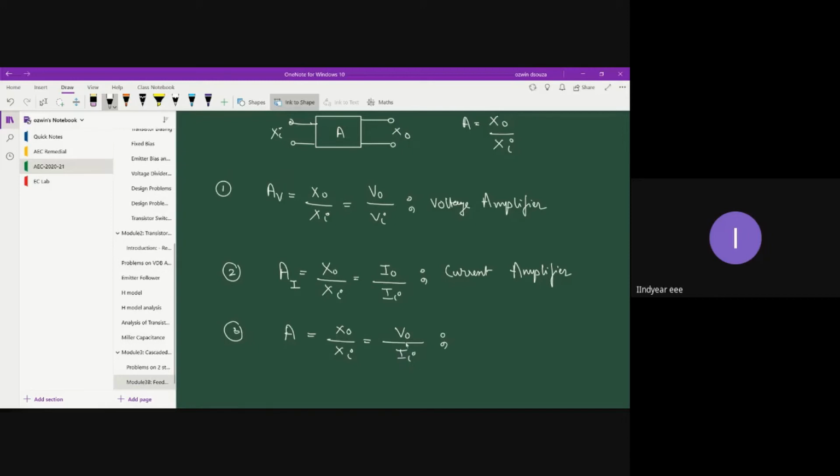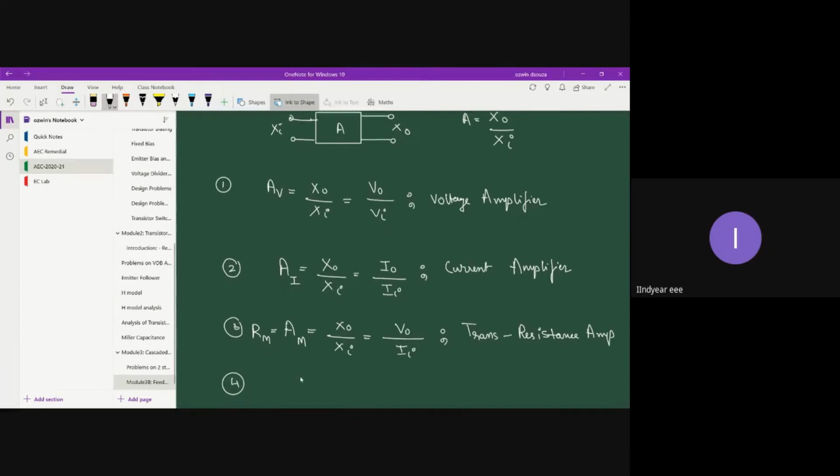Hence, the corresponding amplifier is called a trans resistance amplifier, because the gain is a resistance. The trans resistance amplifier is taken as AM, or sometimes RM, because the resistance symbol is R.